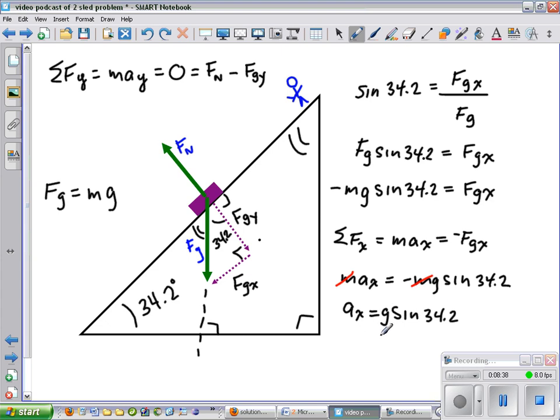And if I substitute in 9.8 for g, making sure we follow through with our negative sign, and the sine of 34.2. Plug that into the calculator, and we get negative 5.508 meters per second squared.